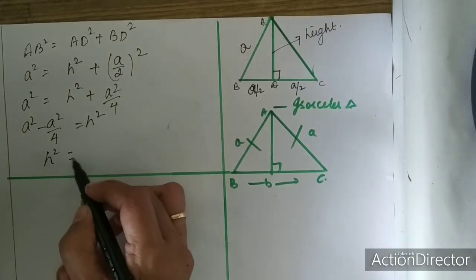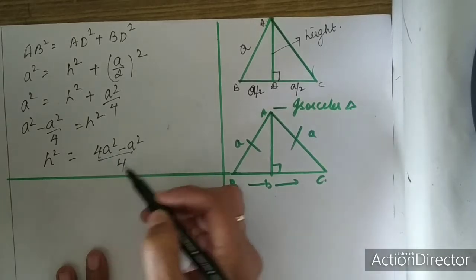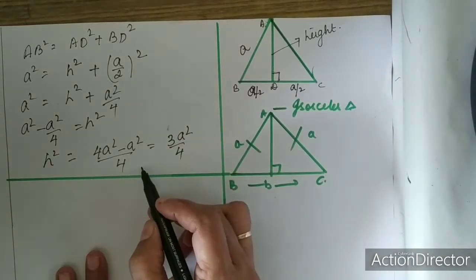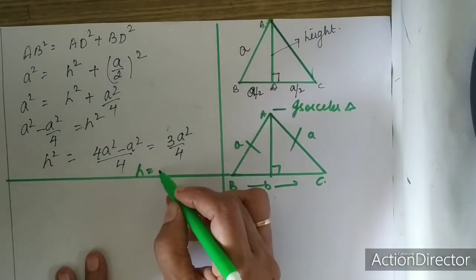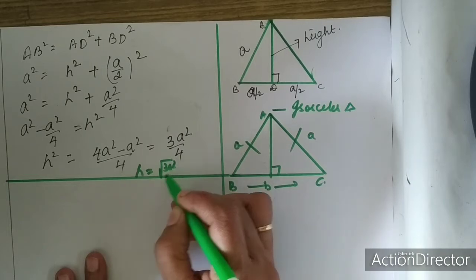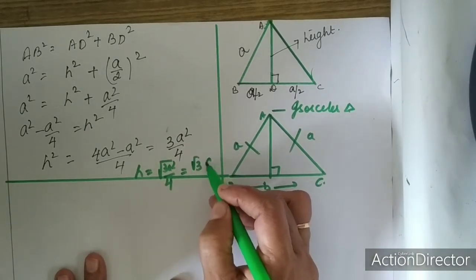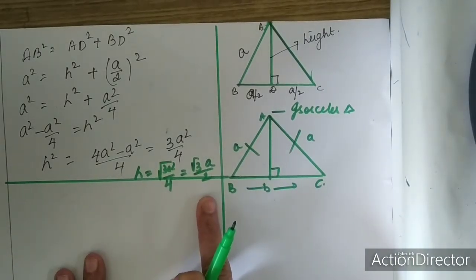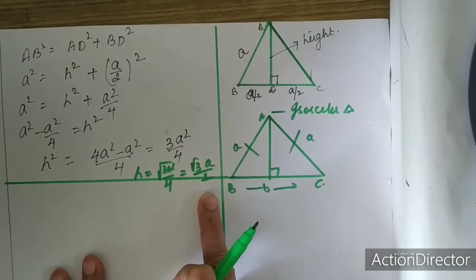Our height square is equal to (4A square minus A square) upon 4, which is equal to 3A square upon 4. Or we can write height is equal to under root of 3A square upon 4, which is equal to root 3 A upon 2. This formula will be very useful whenever the height of the equilateral triangle is asked in the question.